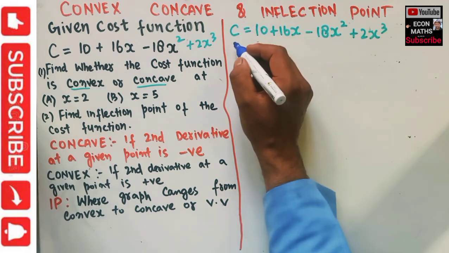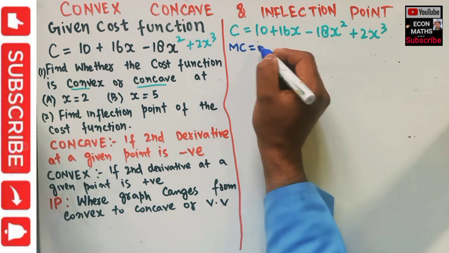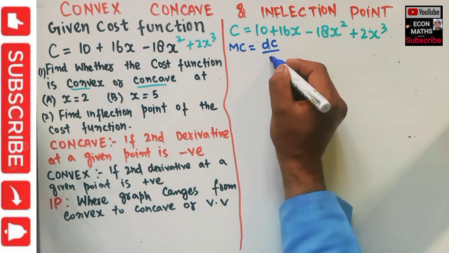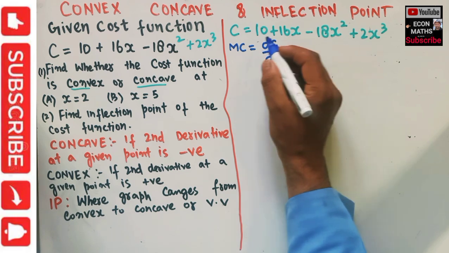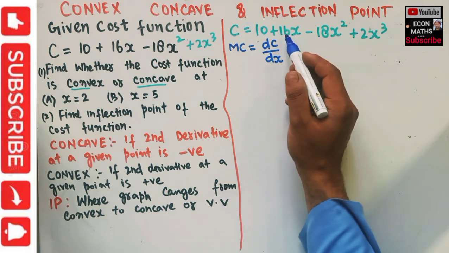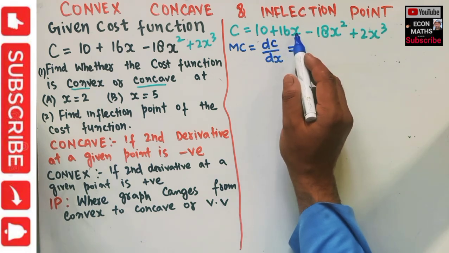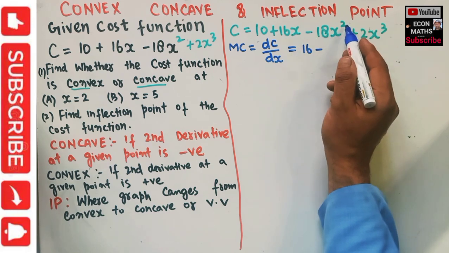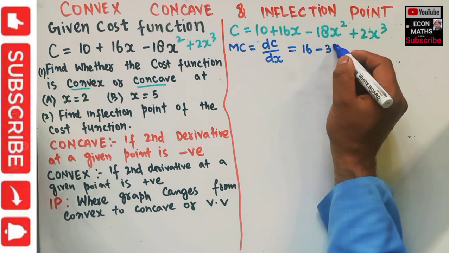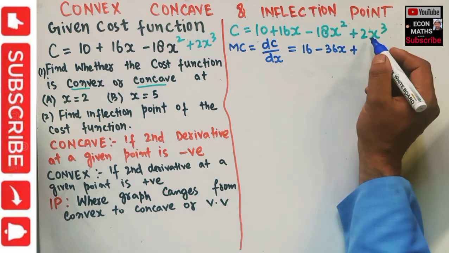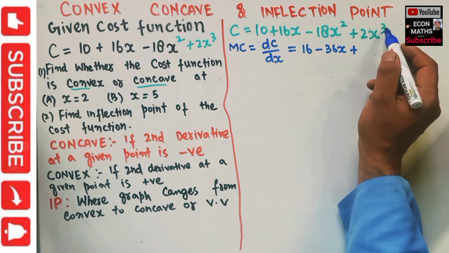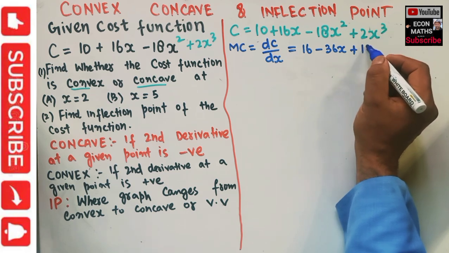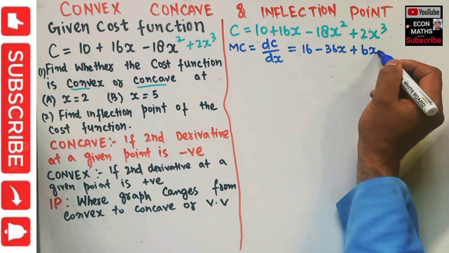The first derivative of the cost function, we know, is the marginal cost, given by dC/dx. Taking the first derivative: the derivative of a constant is 0, the derivative of x is 1, so we are left with 16, minus the derivative of x squared, which is 2x, so 2 times 18 is 36x, plus the derivative of x cubed: 3 becomes the coefficient, 3 twos are 6, and the exponent is reduced by 1, so we get 6x squared.